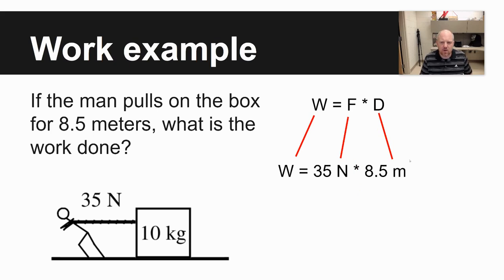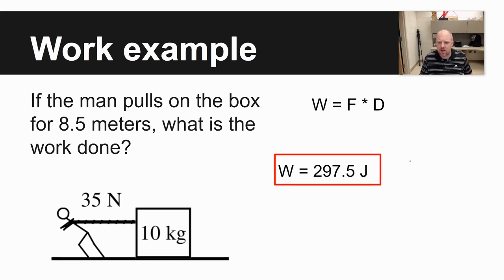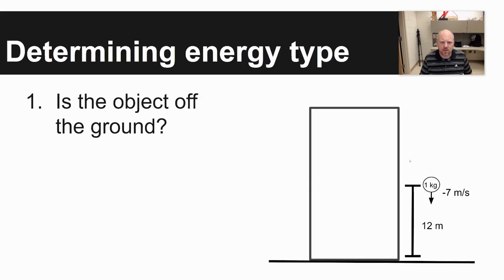Solving this problem, we are solving for work in this case, and work is equal to force in newtons times distance in meters. The product in this example is 297.5 joules. There's another way that you can solve for work, and we'll talk about that in a moment.